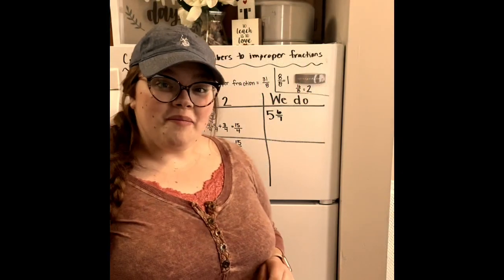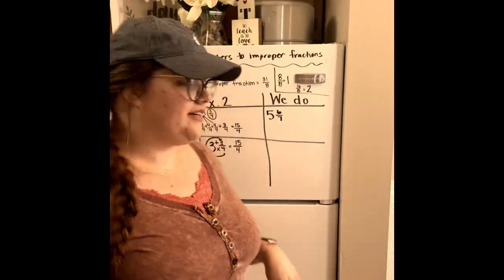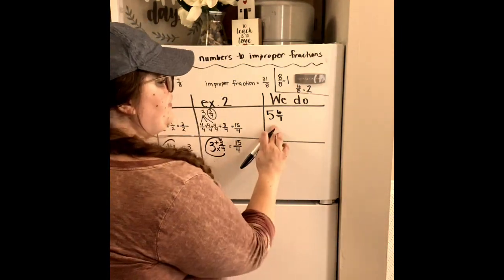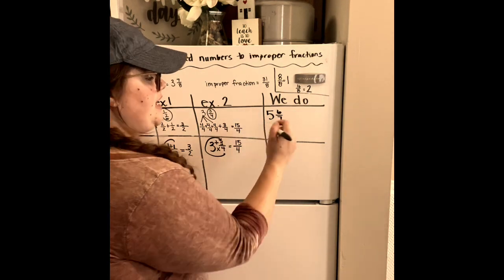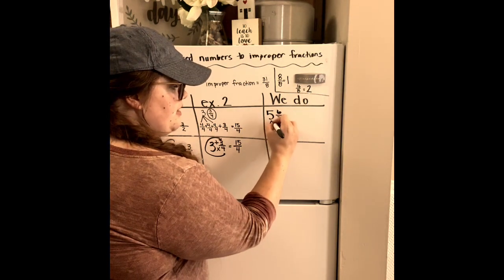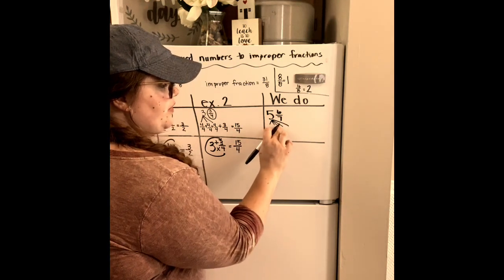All right, and now that we're back, let's go ahead and solve this problem. Let's see if we all came up with the same answer. So on the breakdown method, I'm going to break this 5 wholes into those fractions that are wholes, and I need 5 of them. Okay, so 1, 2, 3, 4, 5.